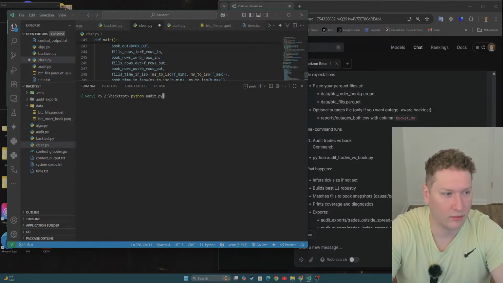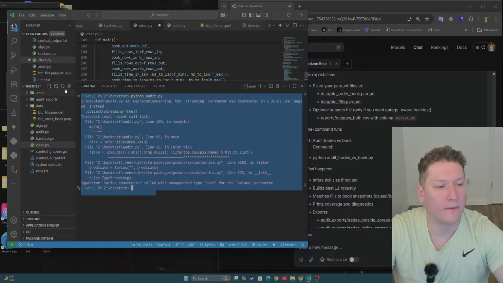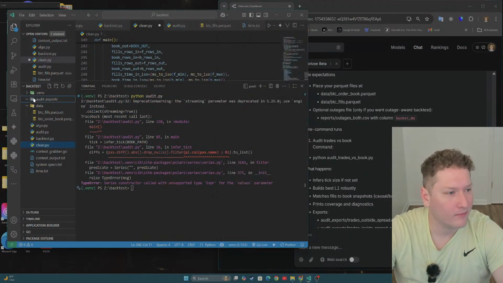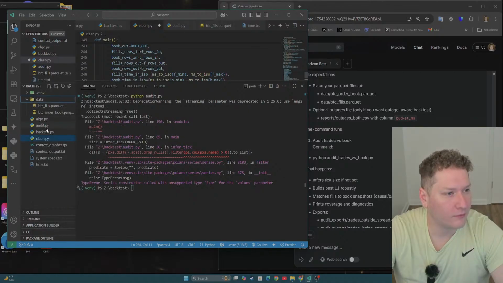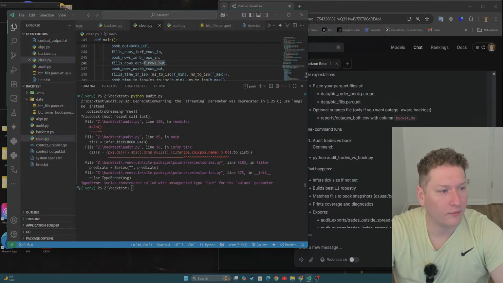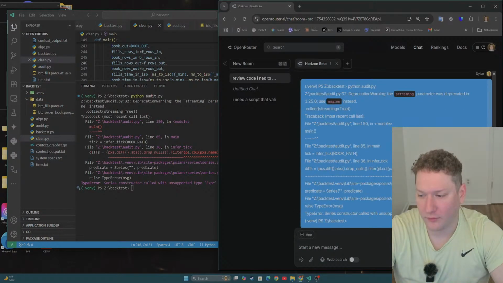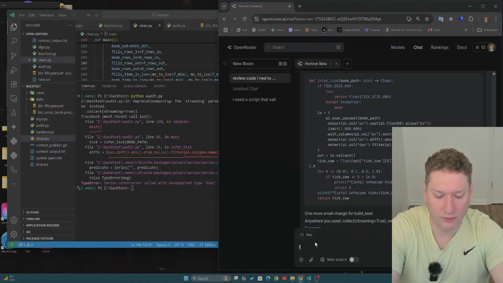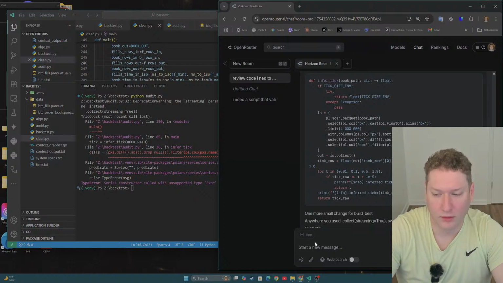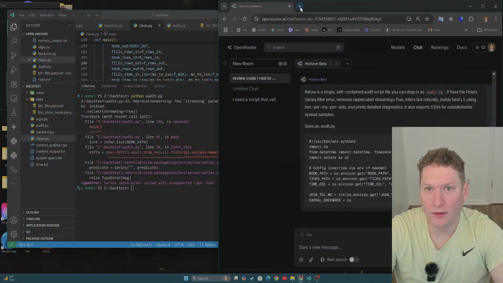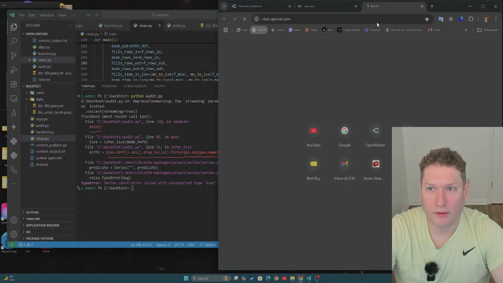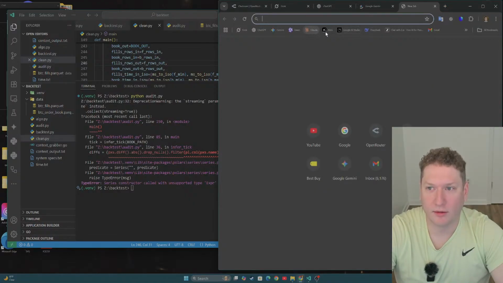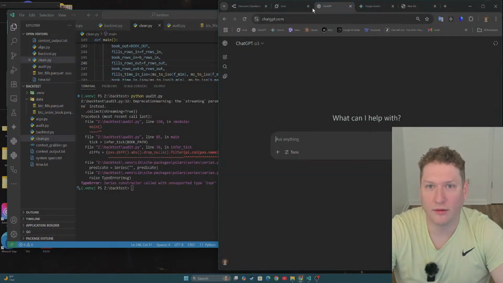Okay, there we go. Getting the first error message here. We will get Grok, we'll get OpenAI, we'll get Gemini, we will get just those up for now.